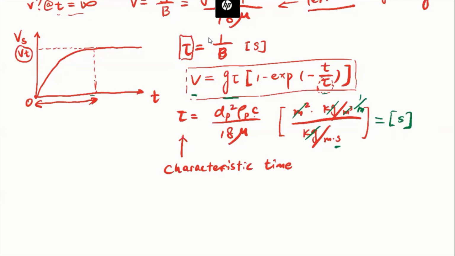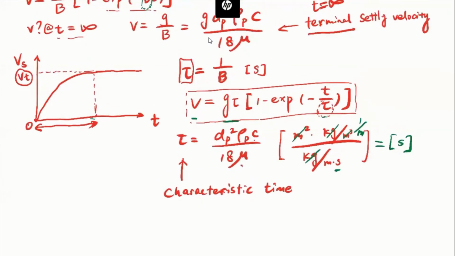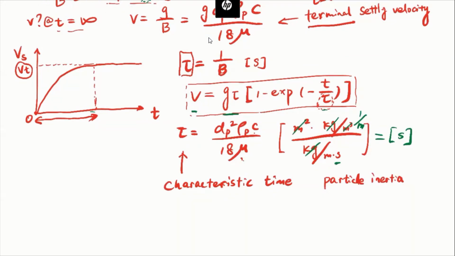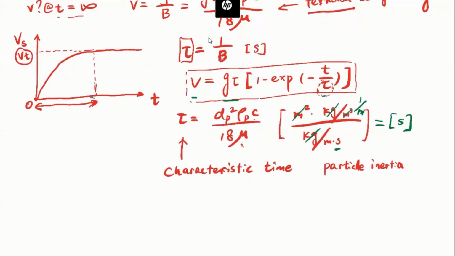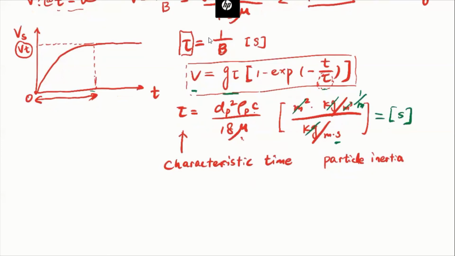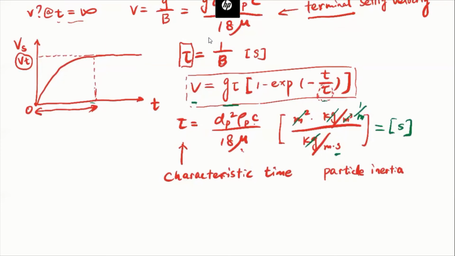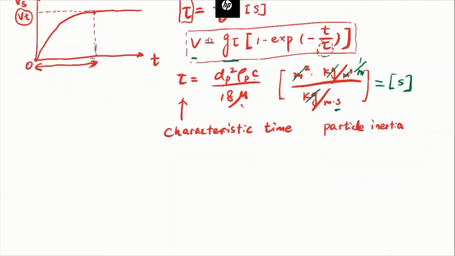Of course, it depends on the fluid property as well, because viscosity is dependent on the fluid, but it's largely dependent on the particle properties here. And more specifically, it depends on the particle inertia. So basically, if the particle has a larger inertia, let's say it's heavier, right? Larger in terms of size, then the characteristic time will be longer. So what that means is that it's going to take a longer time for the particle to reach this terminal velocity here.